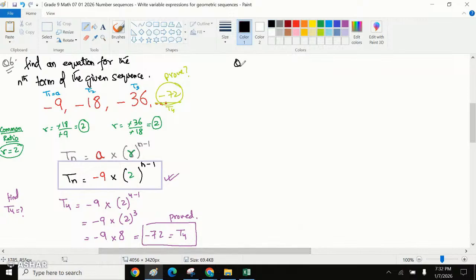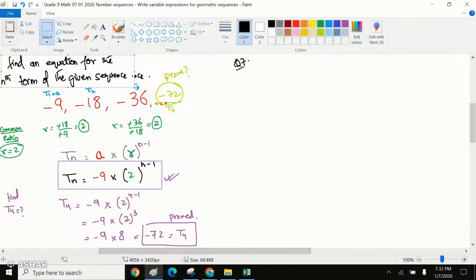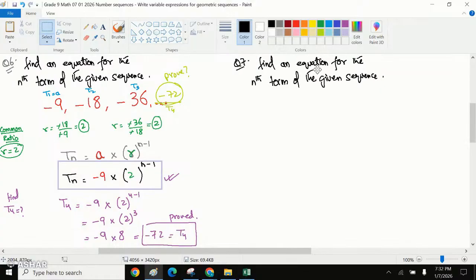So the next question we have is, let's see, okay, I'll just copy paste this: find an equation for the nth term of the sequence. I'll just write down the sequence. The sequence given is 26, 52, and 104. This would be term 4, this is term 5, and so on.